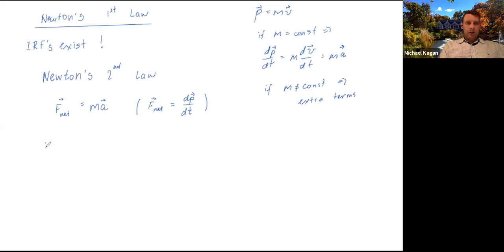And then Newton's third law. F net is the total of all forces acting on a single object. Newton's third law is about two interacting objects. So if you have two interacting objects, they exert equal and opposite forces on one another.